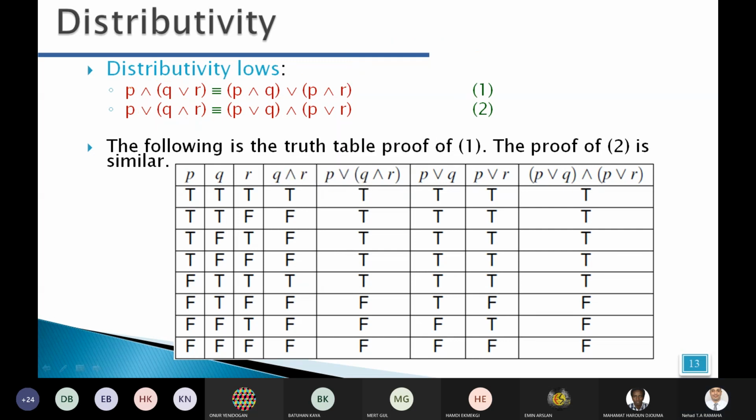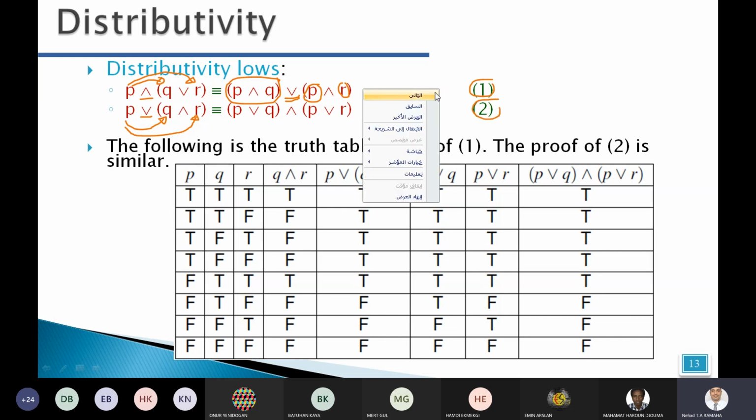Okay, so you can distribute this: P and Q, or P and R. Same thing, if you have OR, then you can say P or Q, and P or R. This is a similar rule; we have two distributivity rules.